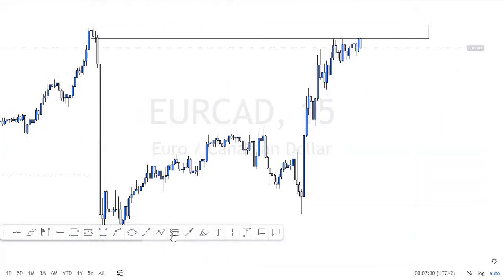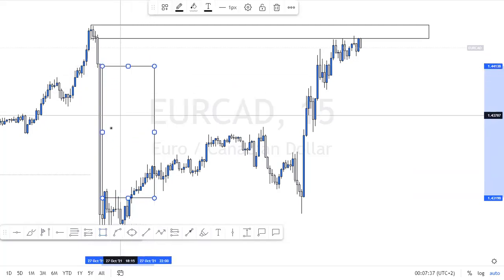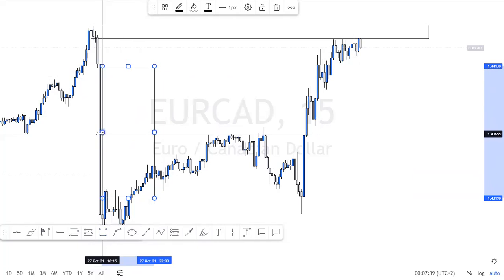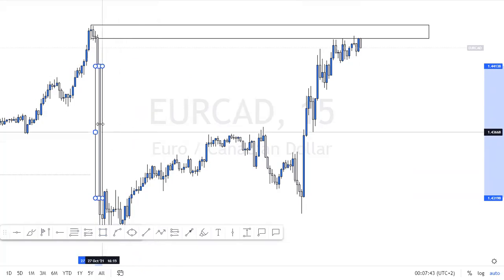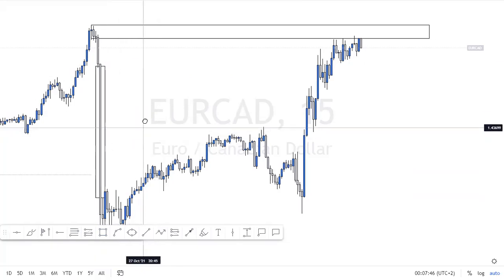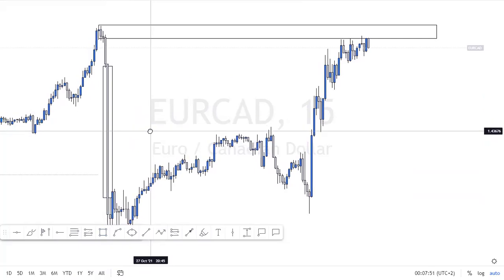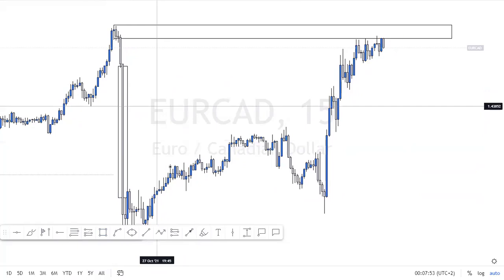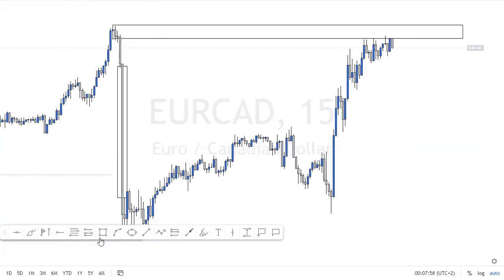So again, what do we have? We have imbalance in price action. But well, yeah, the market already filled the 50% of this imbalance, so it means that the imbalance is no longer there. So we can take this thing as inefficiency in price action.